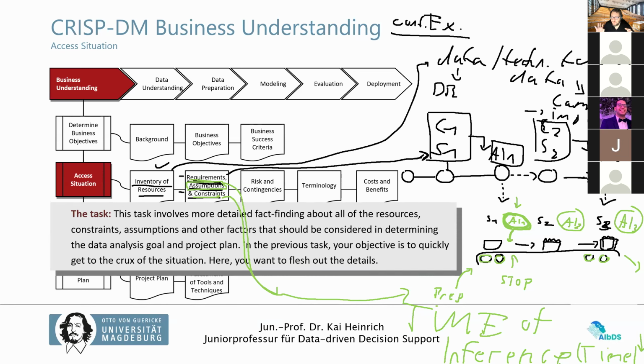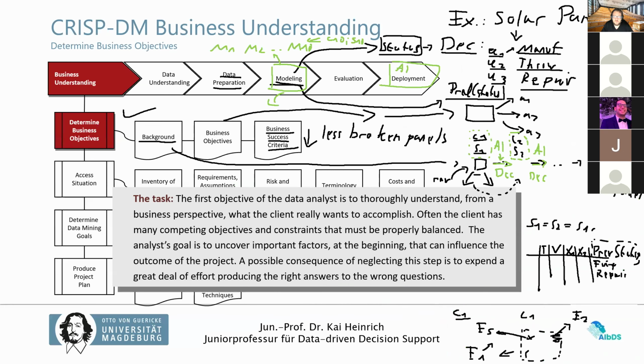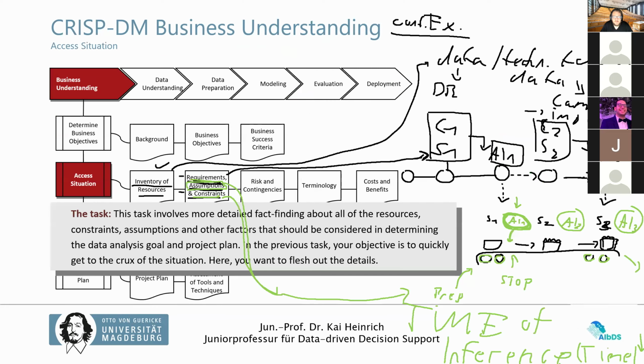So to determine the status, to classify it into these three classes, and then make the decision based on the status. So the status is broken, less broken, or completely fine, and then you have these decisions. That needs to happen fast.